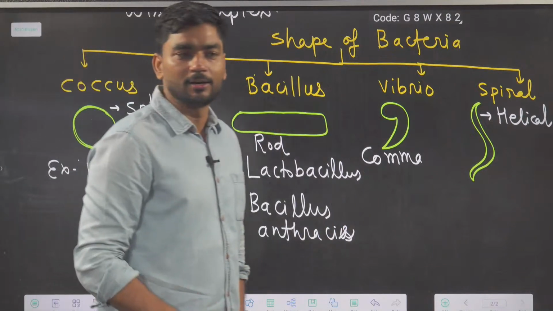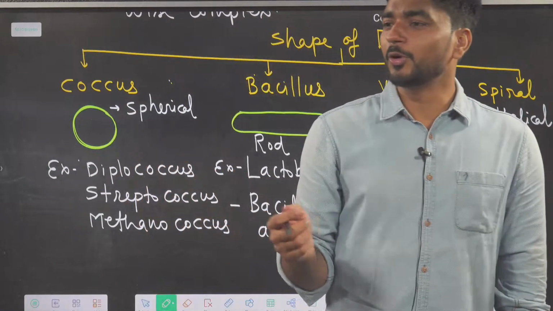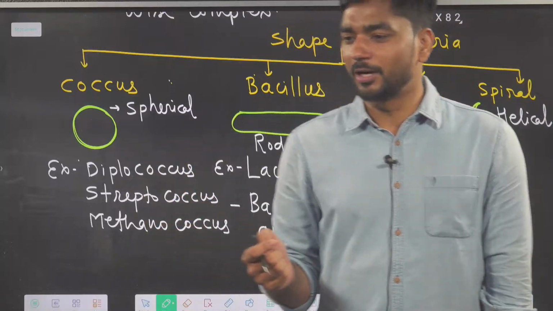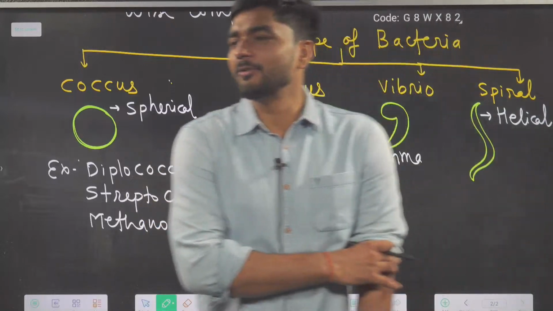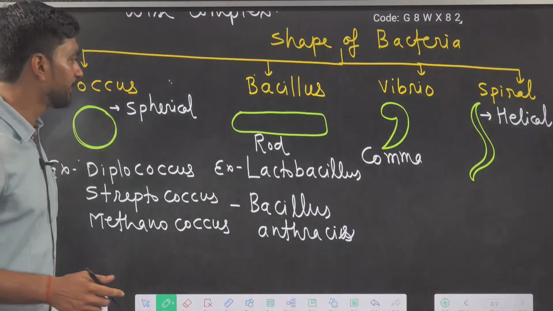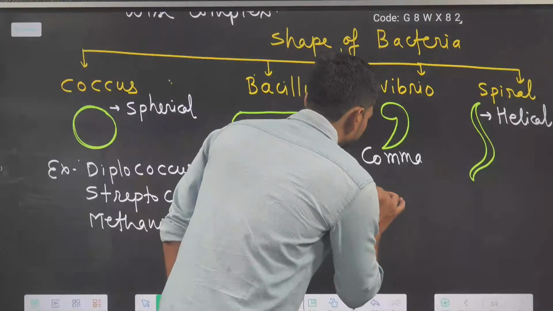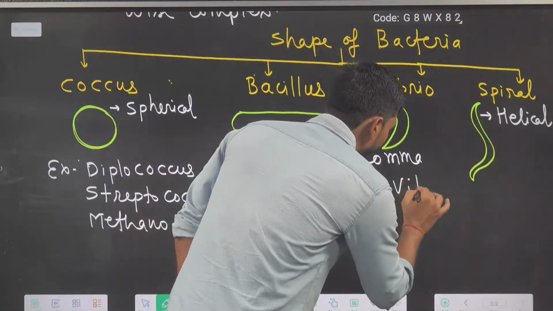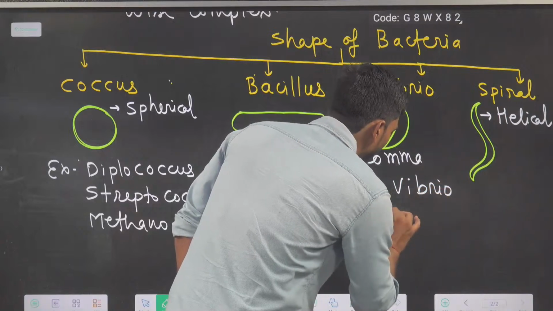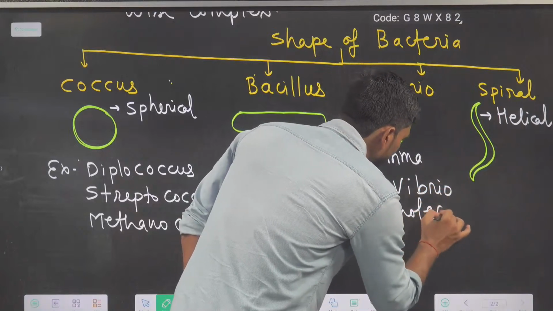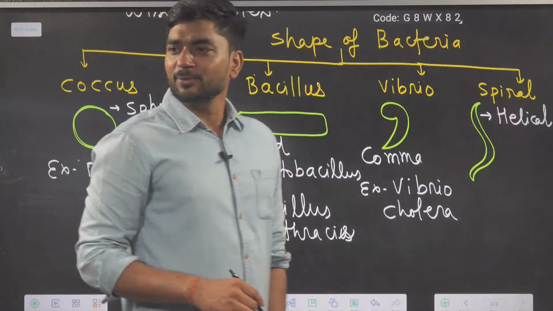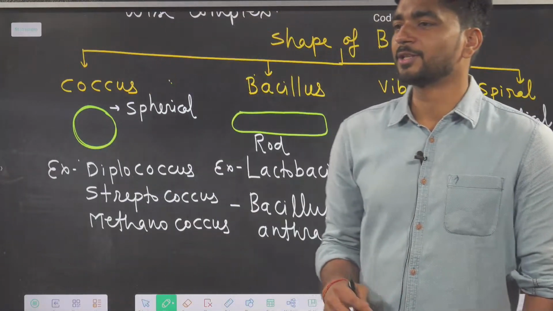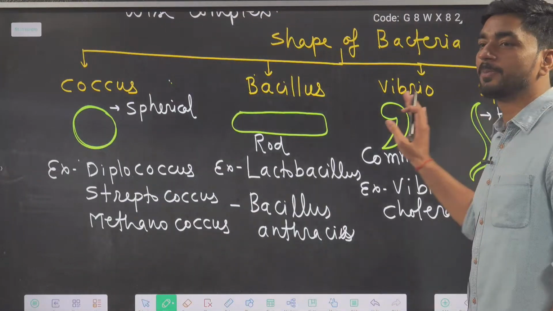And next one is an organism which is commercial, but it can cause what? It can cause cholera. That is Vibrio cholerae. Good, Henry. So here it's a Vibrio. Next one is, here it's a spiral.